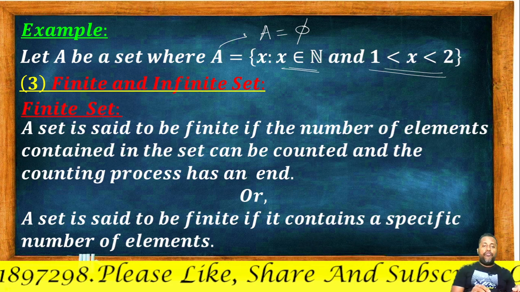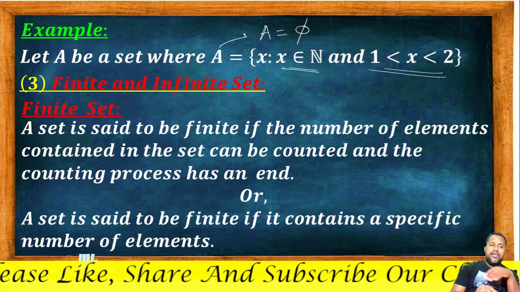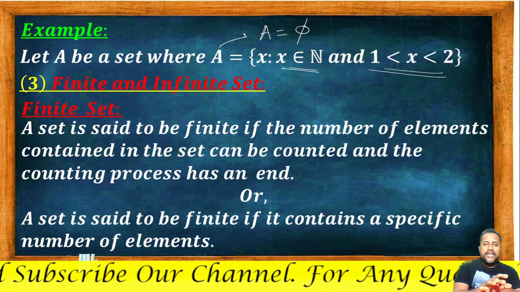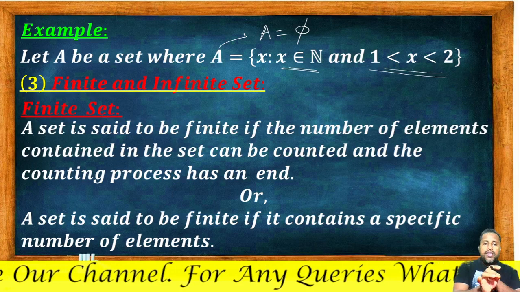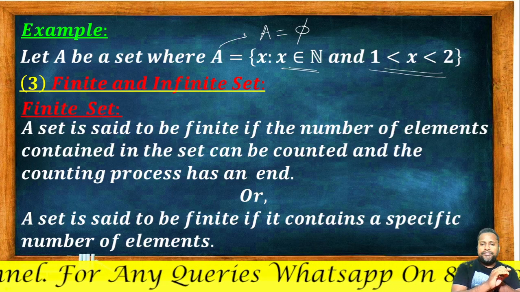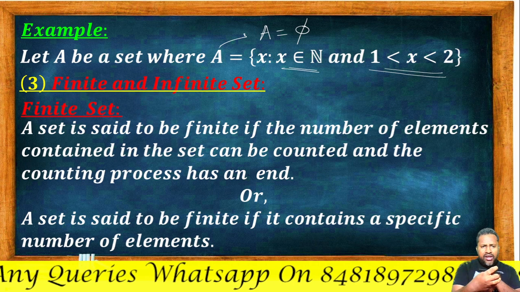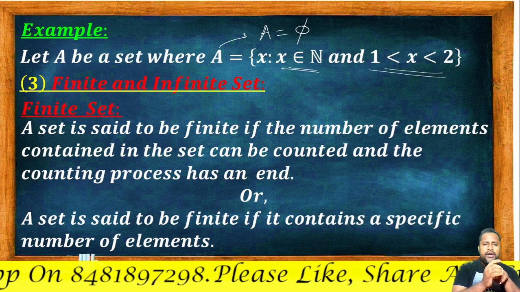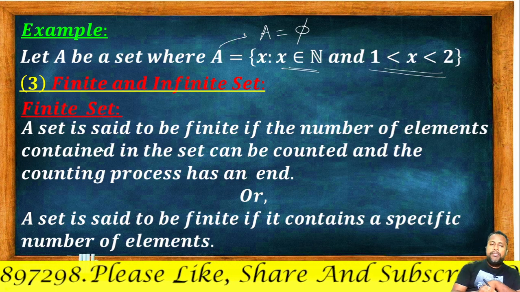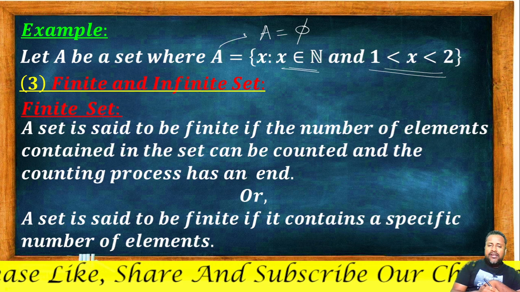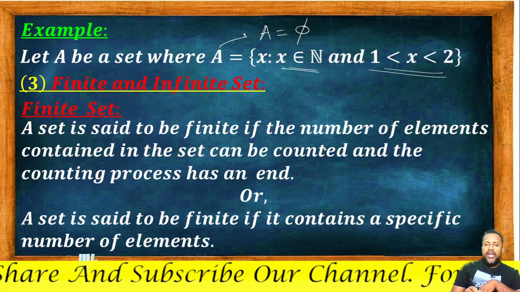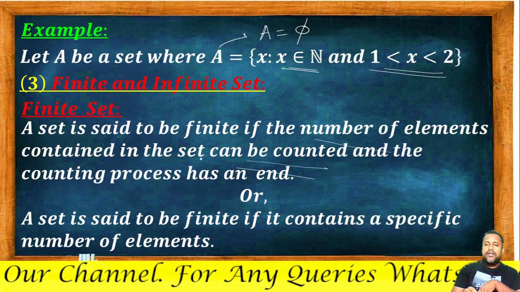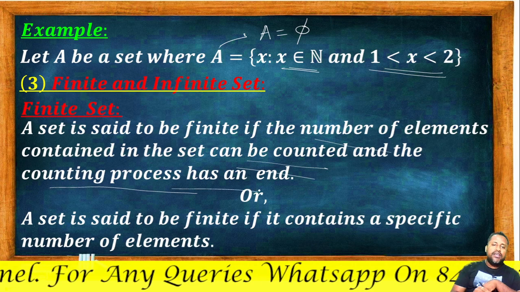Next, finite and infinite set. What is a finite set? A finite set is a set which contains a finite number of elements. But this is one type of definition; in a proper way, a set is said to be finite if the number of elements contained in the set can be counted and the counting process has an end.